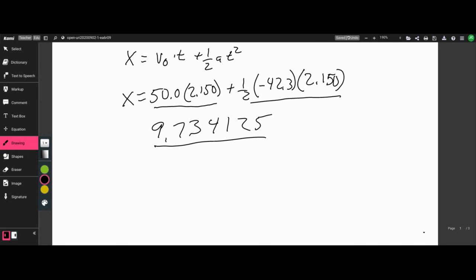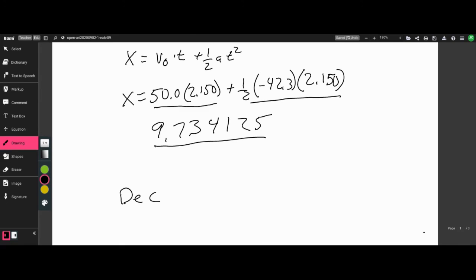So which rule do we use here? Do we use the rule that requires us to use decimal spots? Do we use the rule that requires us to use sig figs? Does it matter? Let's analyze this both ways. So if we take a look at decimal spots, what we would find is that the 50, the first number, has one decimal spot.